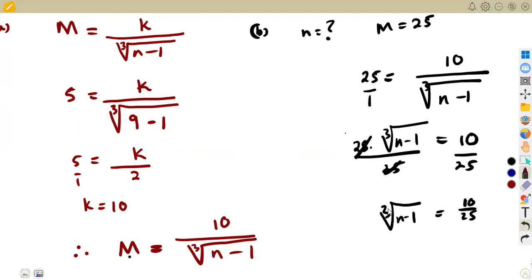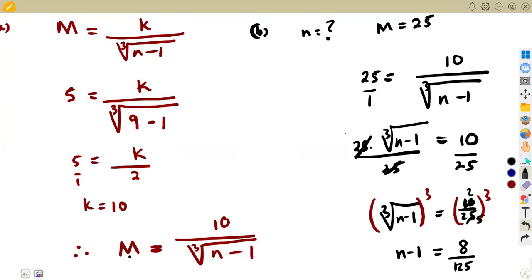Raise everything to the exponent of 3 to remove the cube root. Remember the opposite there. So we raise this side to the exponent of 3 and that side to the exponent of 3. That means we remain with n minus 1 is equal to 10 over 25 to the exponent of 3, and that will be 8 over 125. Remember, 10 over 25 reduces by 5 to 2 over 5.